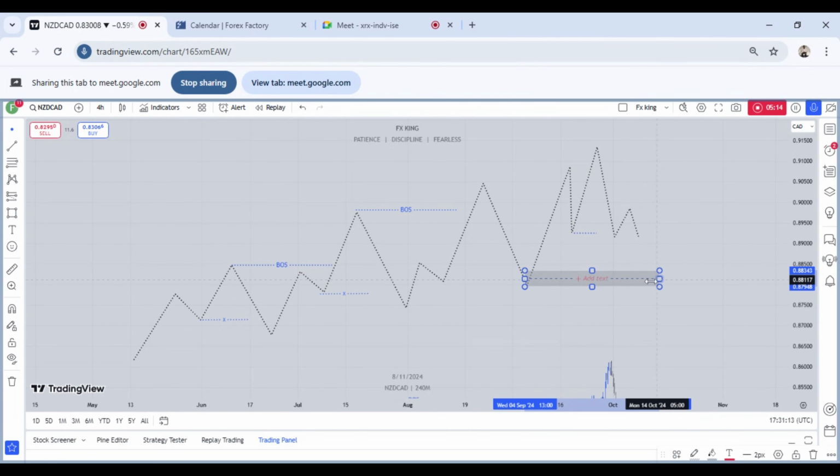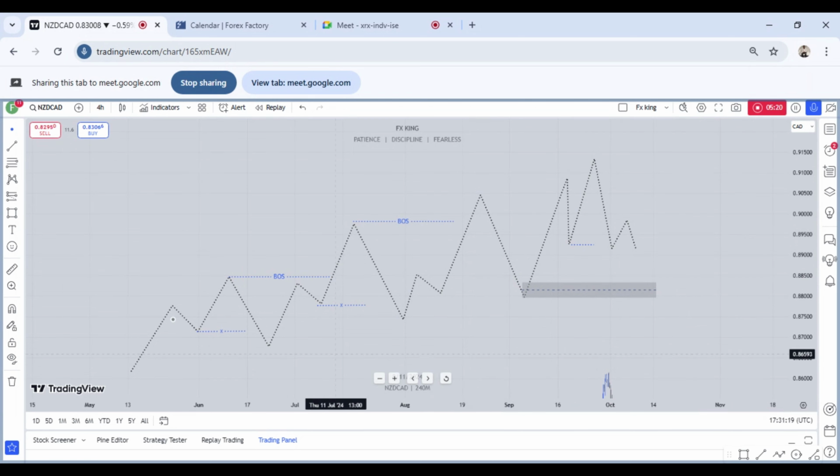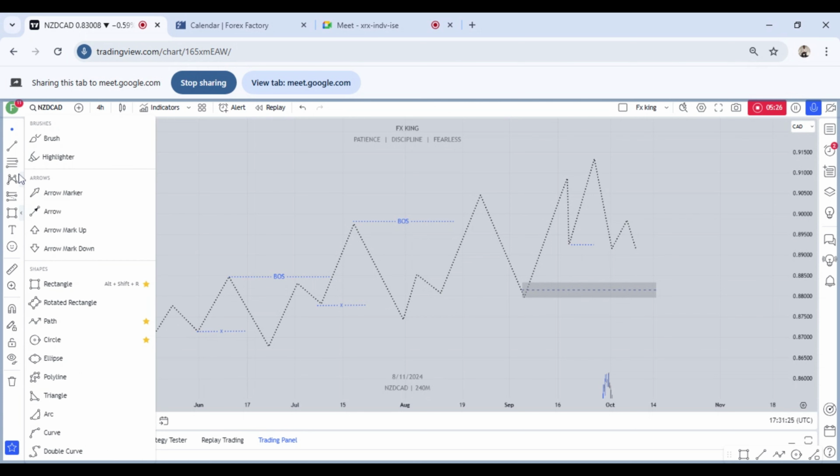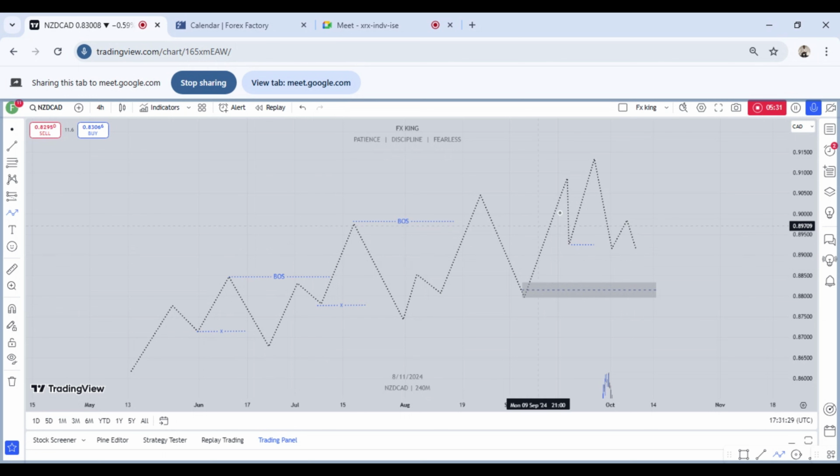This is where I'm targeting, because you know that this is your strong low on the daily time frame. Let me show you what I really mean. Okay, we have something like this.